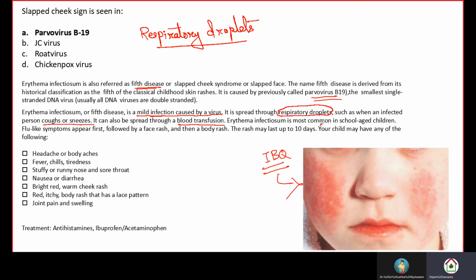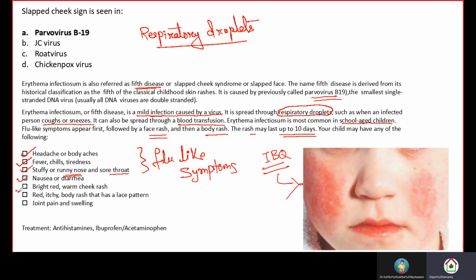Erythema infectiosum is most common in school-aged children. Flu-like symptoms appear, followed by face rash, then a body rash also, and the rash may stay up to 10 days. Headache, body aches, fever, chills, tiredness, stuffy nose, runny nose, sore throat, all these flu-like symptoms.